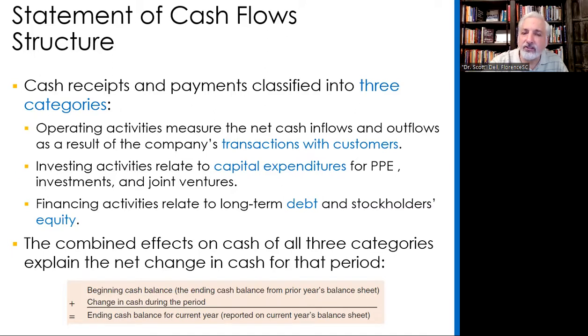And then we have the financing, which is normally long-term debt and stockholders' equity, the two types of financing we've been learning about. The combined effects of the cash of all these three categories explains the net cash for the period. So if you have last year's balance sheet cash and this year's balance sheet cash, that difference will be accounted for in the statement of cash flows.